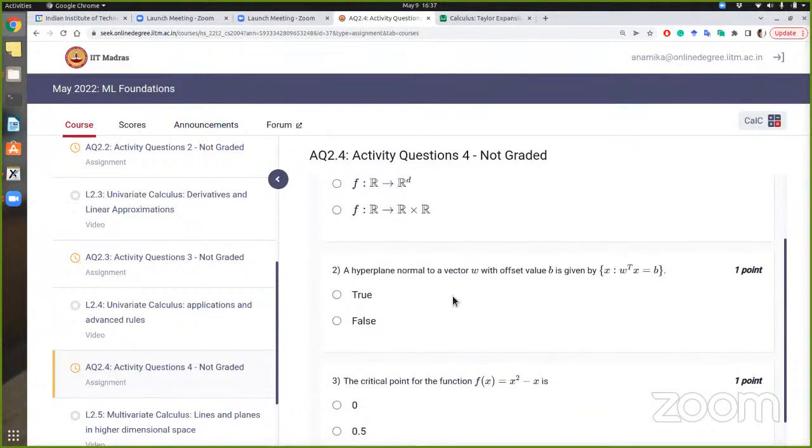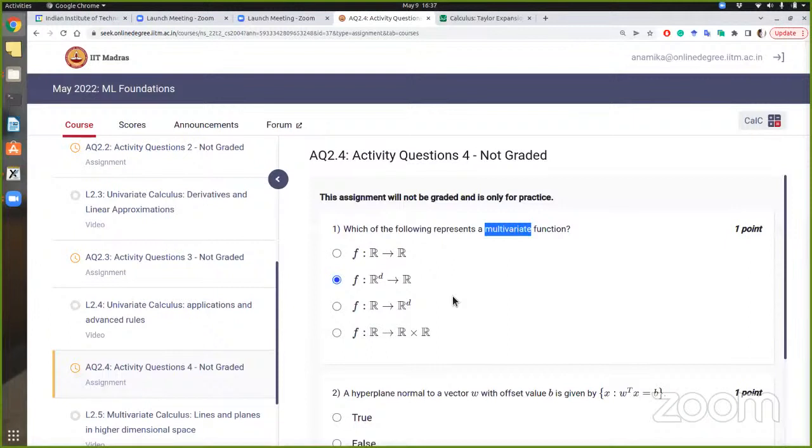So ultimately, the number of variables in the domain should be greater than in the codomain? No, it could be the same also. The function could be of this type also. But in multivariate, the inputs should be multiple variables.